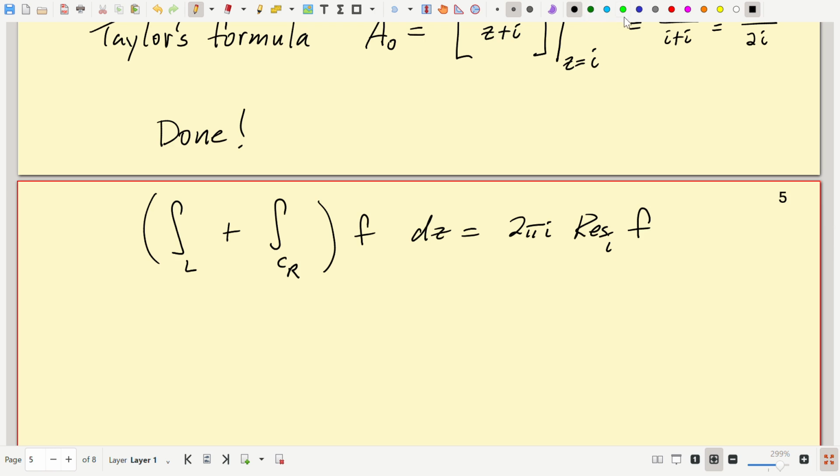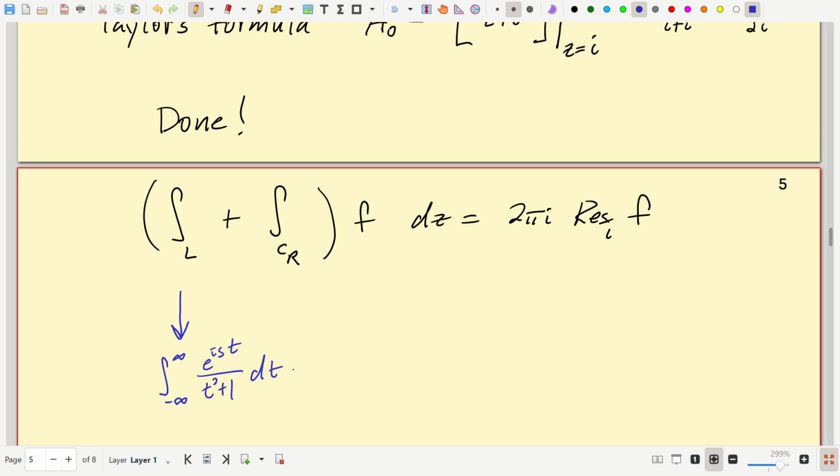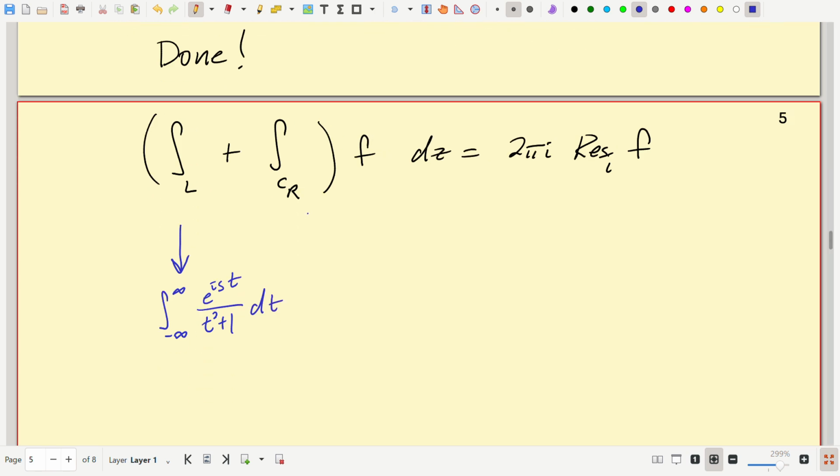This one goes to the integral I want, namely the integral from minus infinity to infinity of e to the i s x, or I guess I would use t when I parameterize it, e to the i s t over t squared plus 1 dt. That's the Fourier transform that I want. This one tends to 0. And this I just calculated is 2 pi i times e to the minus s over 2i.